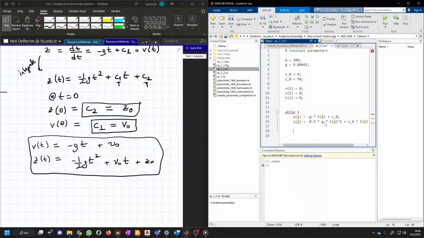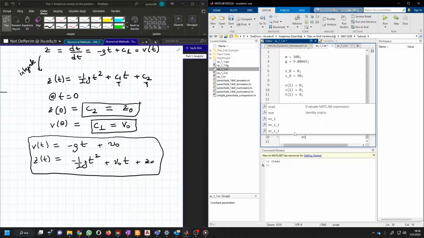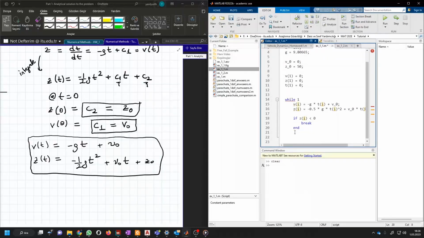So if my position reaches 0 or becomes smaller than 0, I need to stop my loop and break the loop basically. So if zi becomes smaller than 0, break the loop. Then I want to increase my counter, of course.